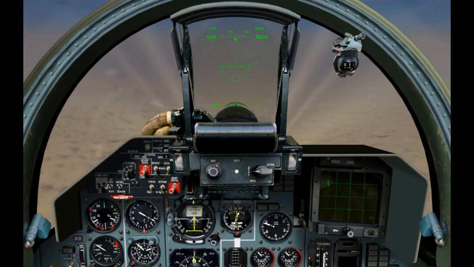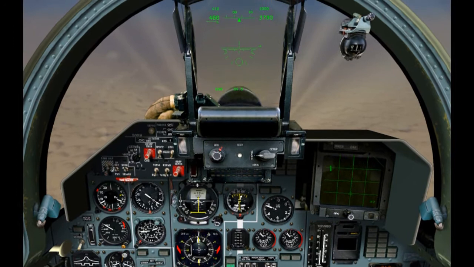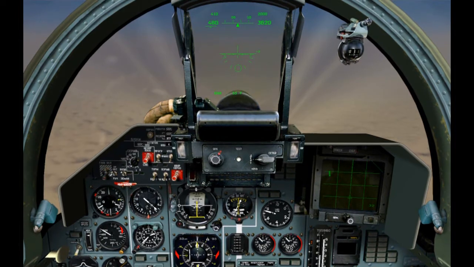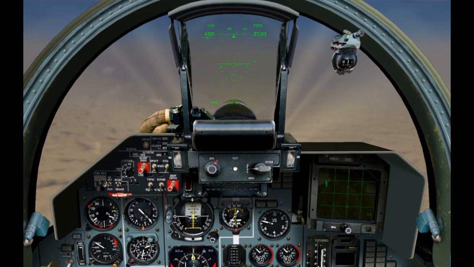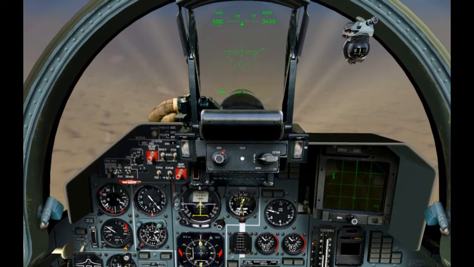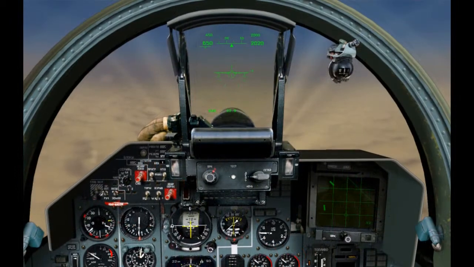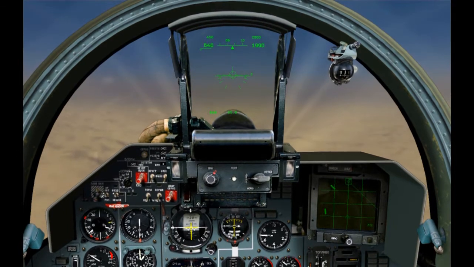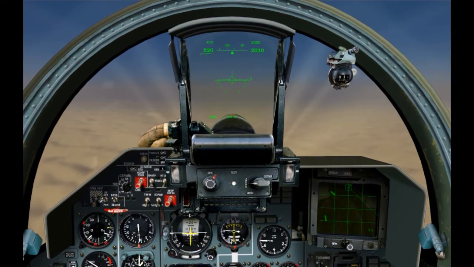Using the HUD and ADI, I'm actually going to put us back onto the assigned altitude at 2,000 meters. There we go.